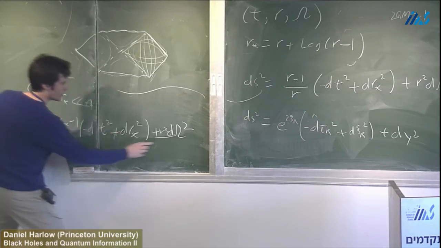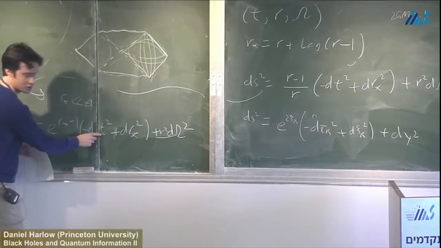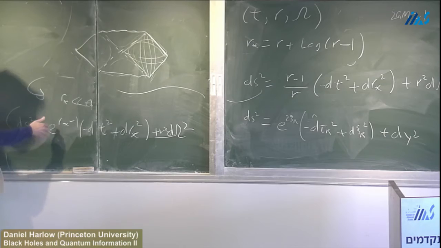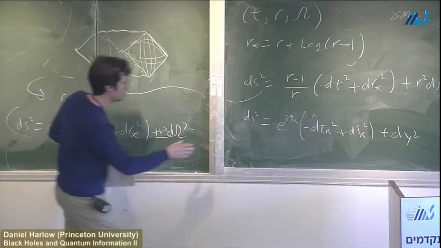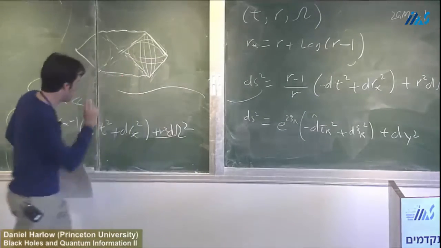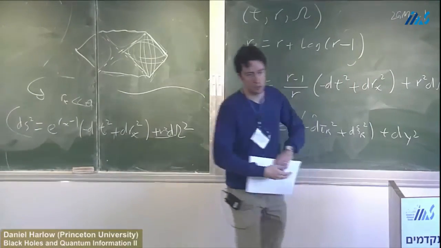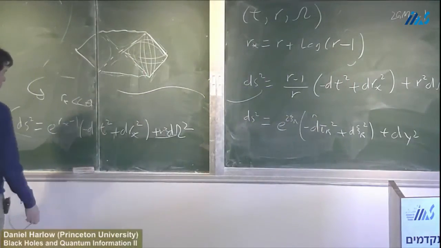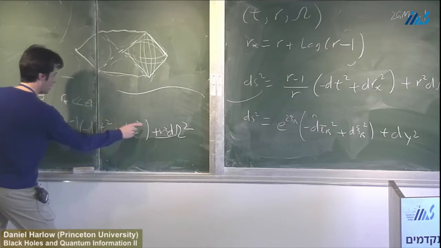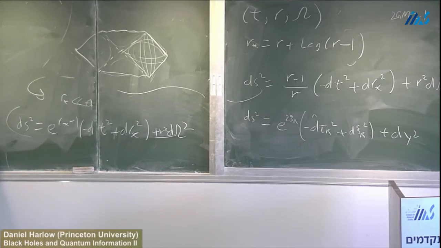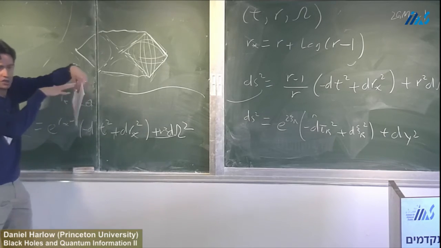And then since we want to get this combination, we've also got to put a 2 in t so that I can take the 4 out. Then I really just get a constant times the Rindler metric, up to one final subtlety, which is that here there's a 2-sphere and here there's a plane. So in order for this to be really true, we need to work in a small angular region of the sphere, where the sphere just looks like a plane.